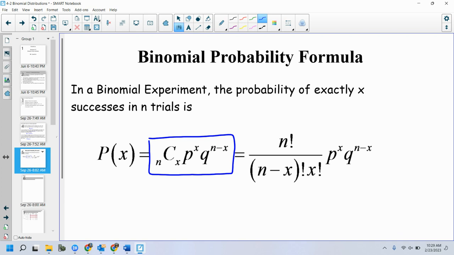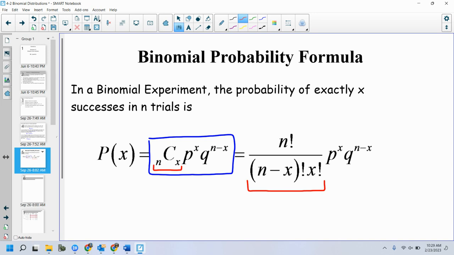How does the first formula differ from the second formula? Isn't this piece the same as this piece? I'm just writing out my combination formula in the second portion. The p to the x times q to the n minus x is the same.